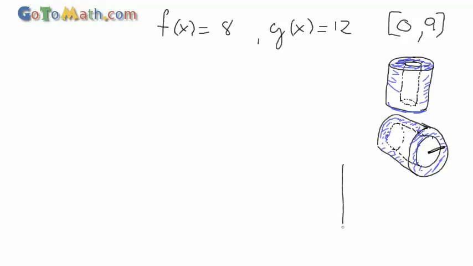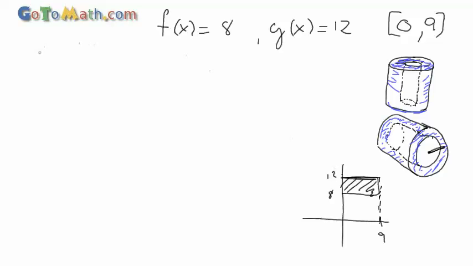So let's go down here and sketch back. We're going from 0 to 9, and this up here is 12 and 8. If you can imagine, we're going to be revolving this part first, up to 12.